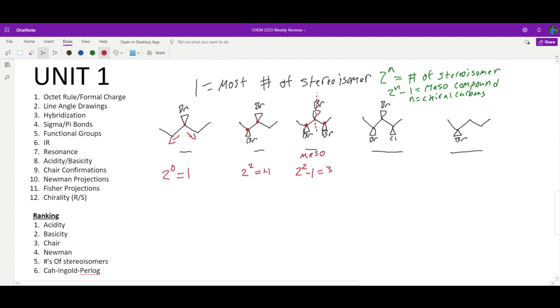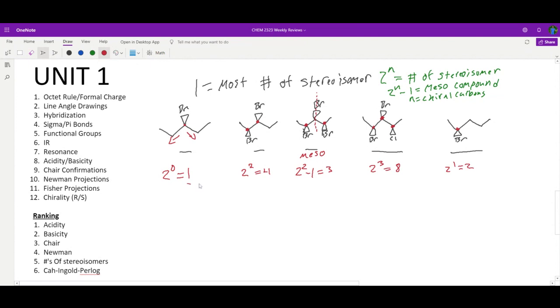So in that scenario, you should know that in ranking questions, you're always going to have something different from each of the structures. Here, we don't have that problem because there's no symmetry, so it's 2 to the 3, which is 8. And then here it's just 2 to the 1, which is 2.